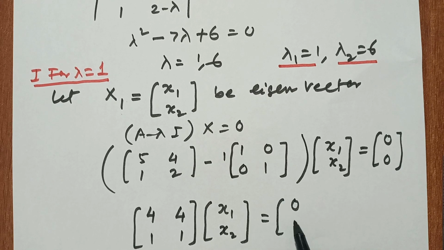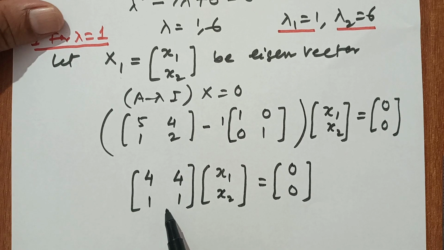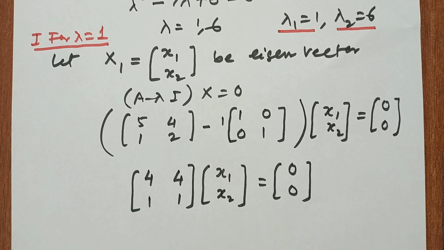This is a matrix, and in before lectures we have calculated the rank. Here we see very carefully: this is the first row and this is the second row. The first row is 4 times the second row. To calculate rank, by using row operations we can multiply, add or subtract.